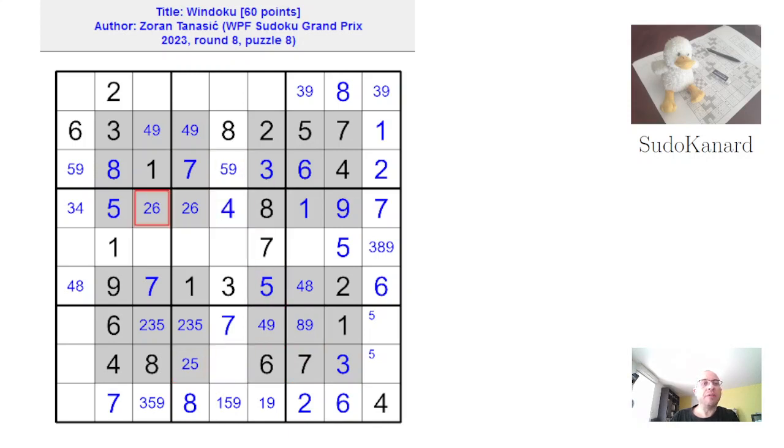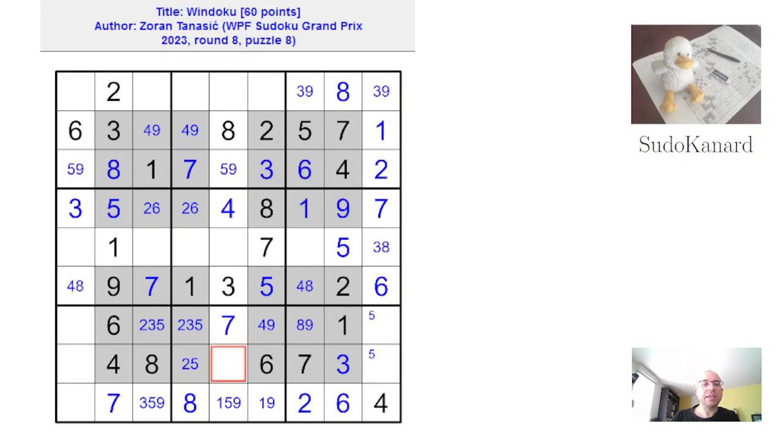This is now 4, and that's a 3. That's not 9. What else am I missing? That's not a 3.